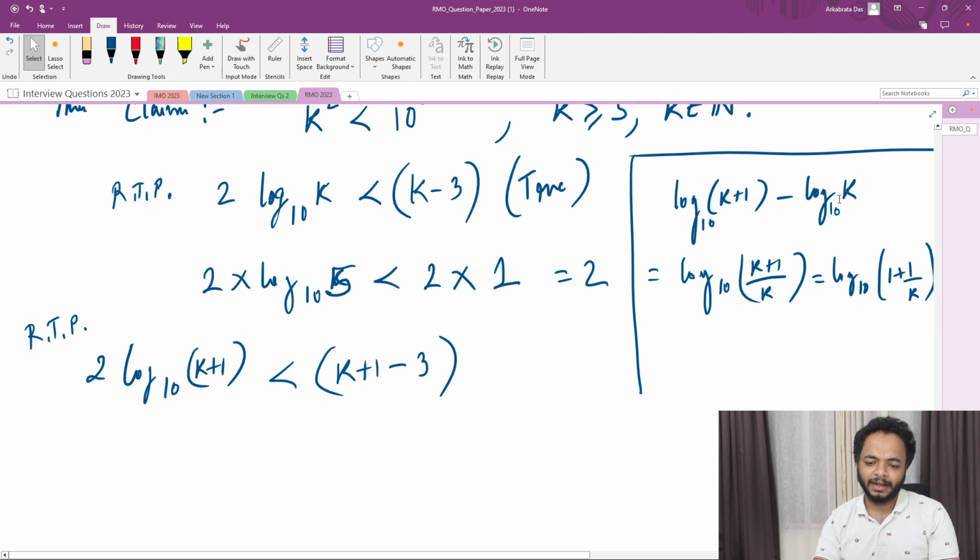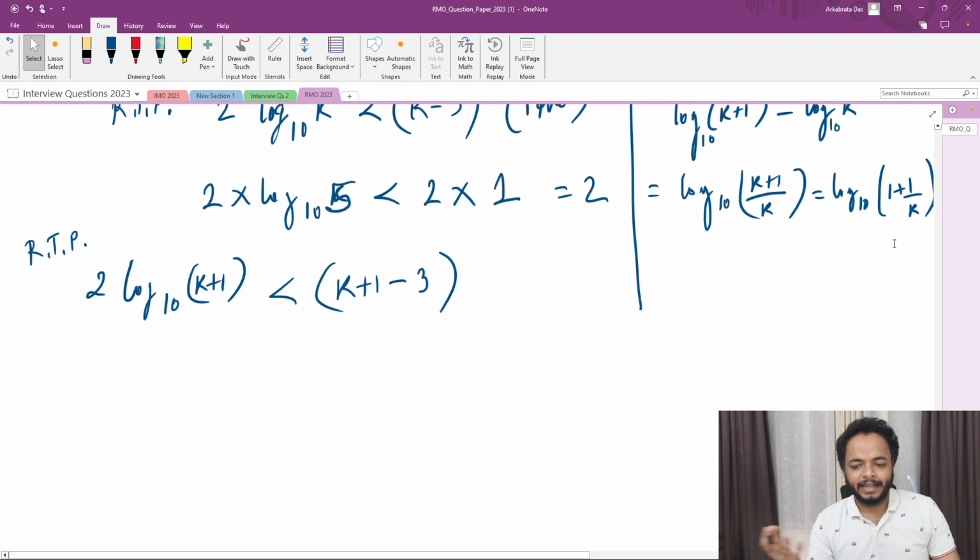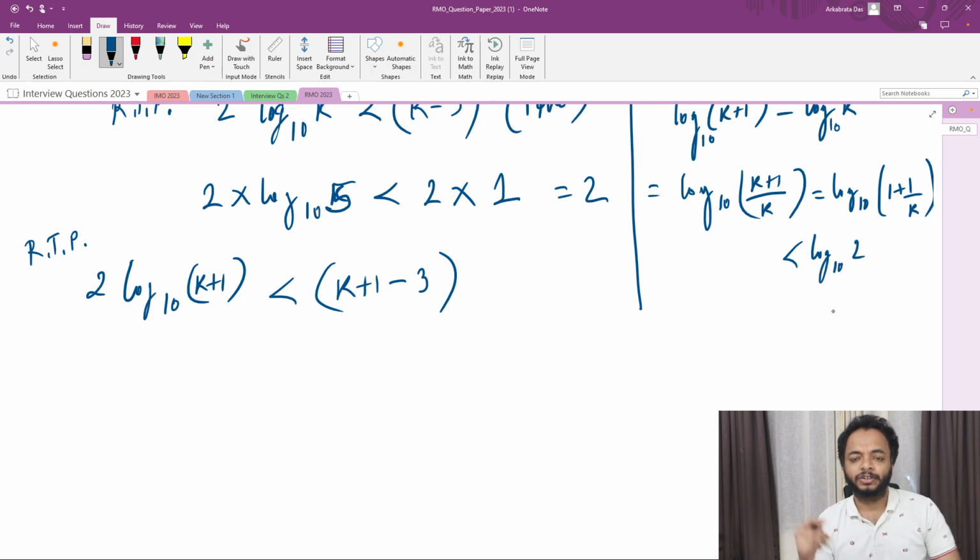Since k is a natural number greater than 5, this is strictly less than log base 10 of, and then I can write here, 2.